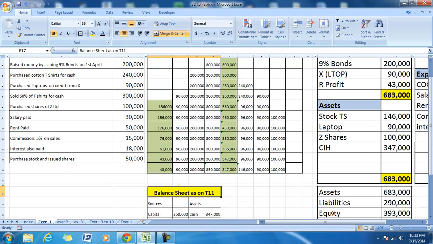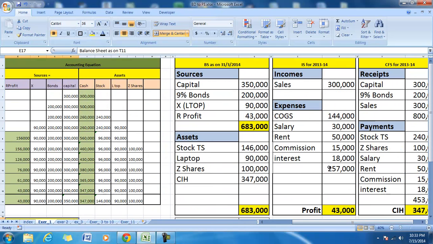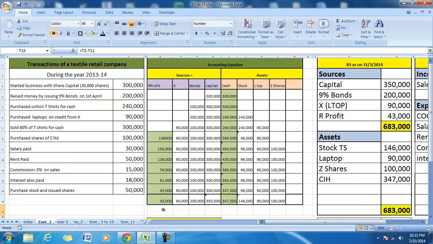So it is possible to prepare the balance sheet by just using the accounting equation mode. However, it is advisable to do that along with other financial statements. For example, in this case, we know exactly why and how the profit has been determined. Here we are not able to show that. How did we get 43,000?